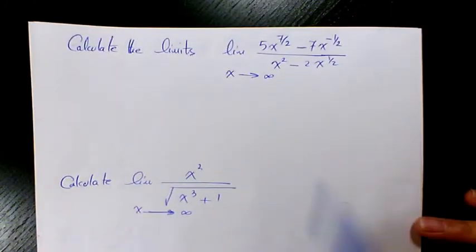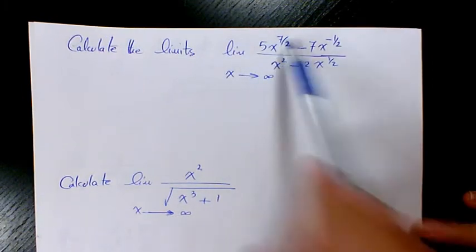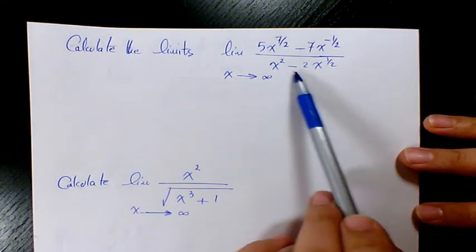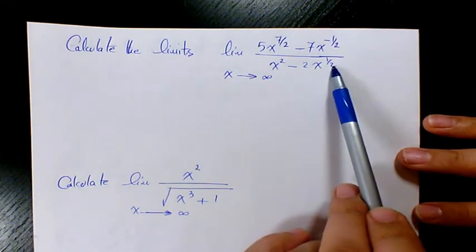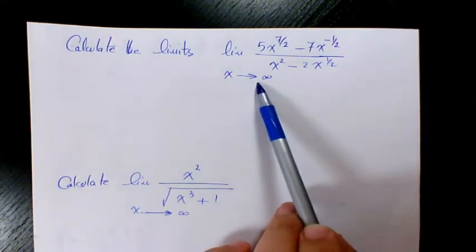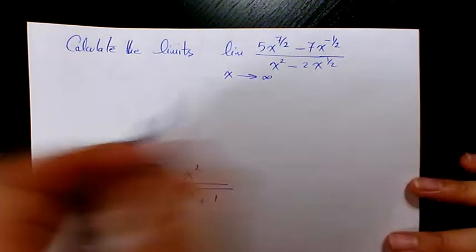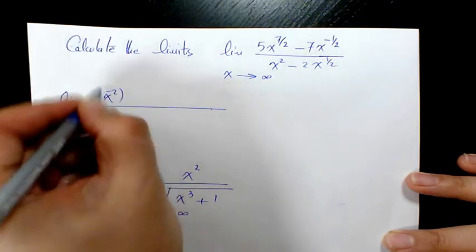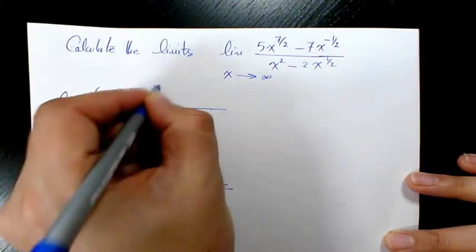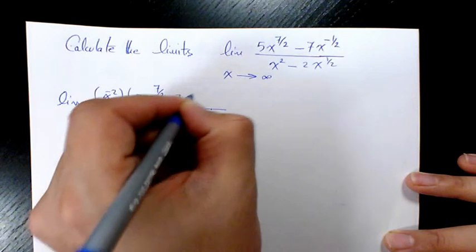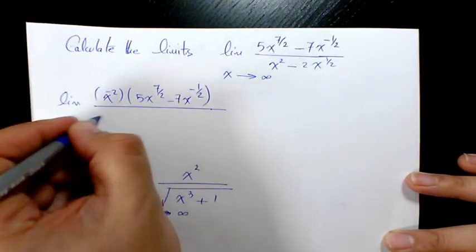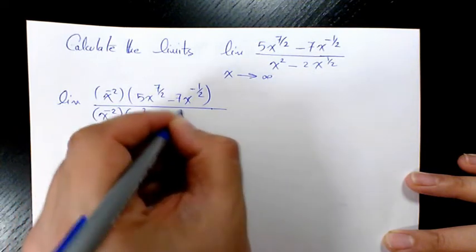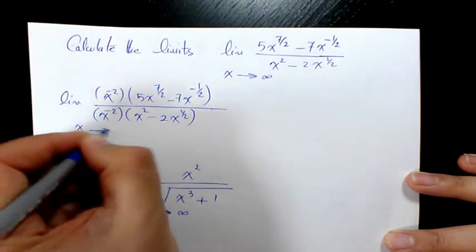Next one, limit of 5x to the power of 7 over 2 minus 7 x to the power of negative half over x squared minus 2 x to the power of half when x is approaching infinity. So I multiply both numerator and denominator by x to the power of negative 2, 5x to the power of 7 over 2 minus 7x to the power of negative half, x squared minus 2x to the power of half.